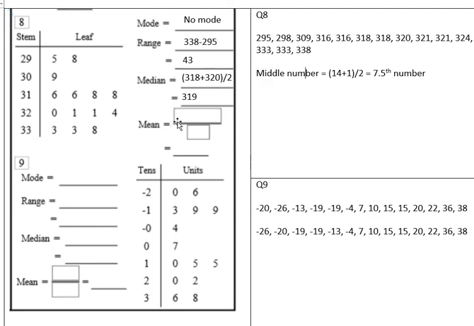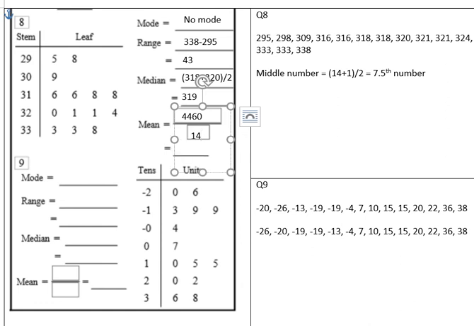Then we have our mean, so we need to add all of these numbers together. I've done this to the edge of the screen because it takes forever. So the sum of all these numbers is 4,460, and there are 14 of them.